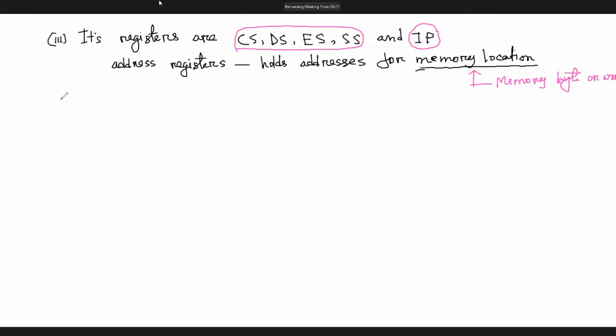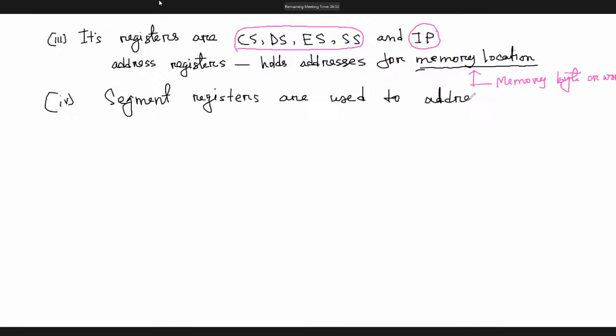Point number 4: segment registers are used to address memory space.